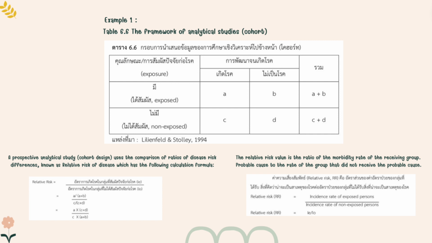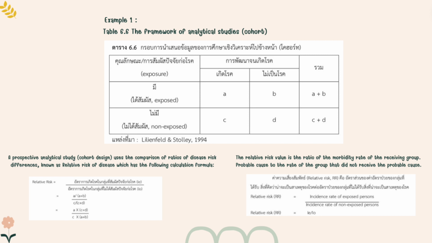The rate of disease among people who are exposed to the risk factor is equal to A divided by A plus B, and 2. The occurrence of disease in the other group, the group that is not exposed, is the incidence of the non-exposed group.